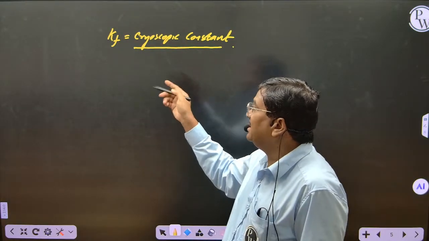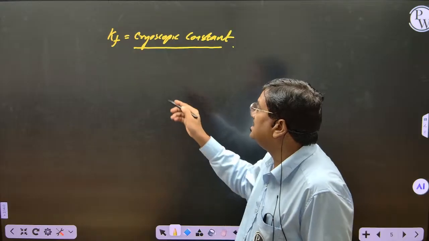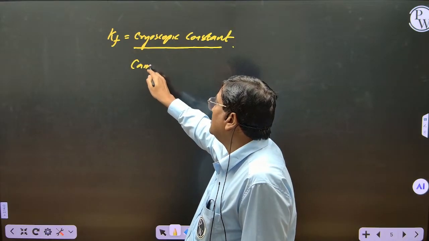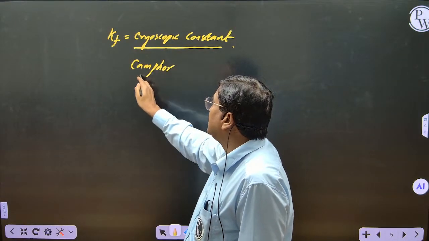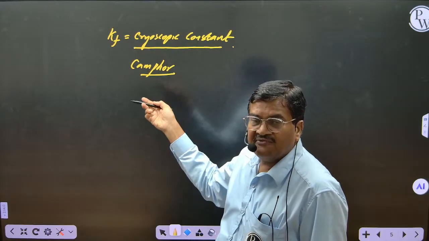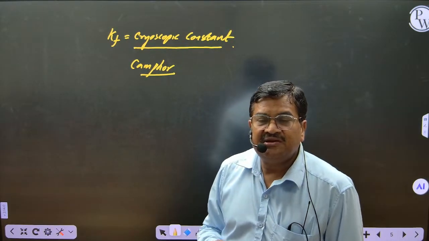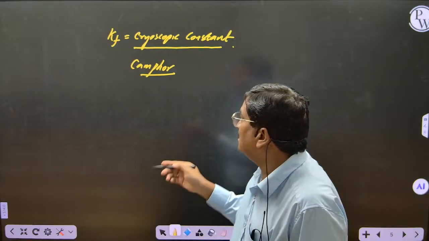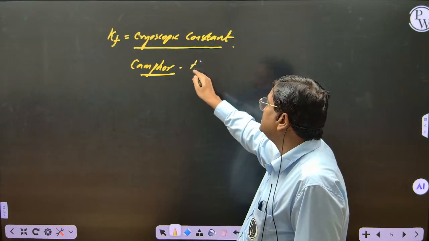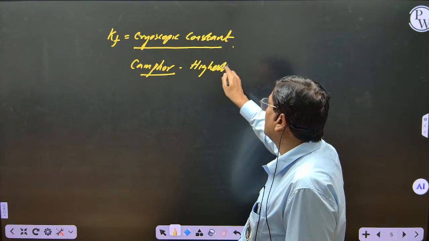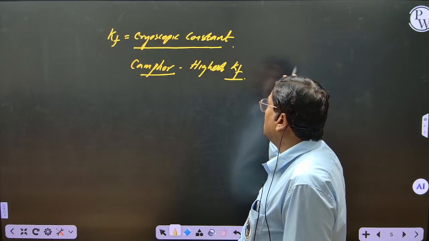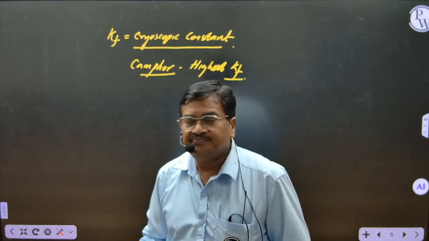So which solvent will have the highest cryoscopic constant? Camphor. Make a note, camphor has the highest cryoscopic constant. So camphor is widely used to determine the freezing point of the solution. Nearly 80 its value will be.